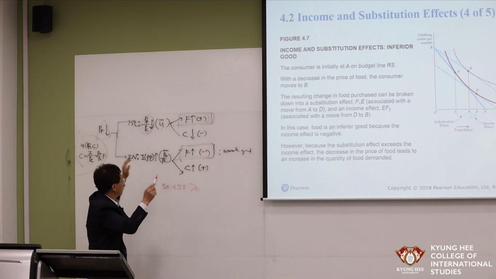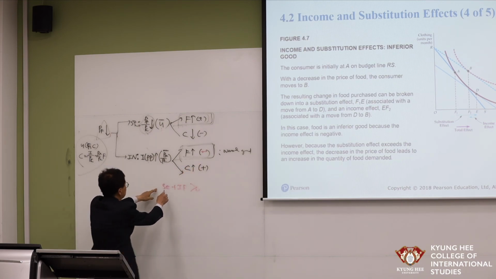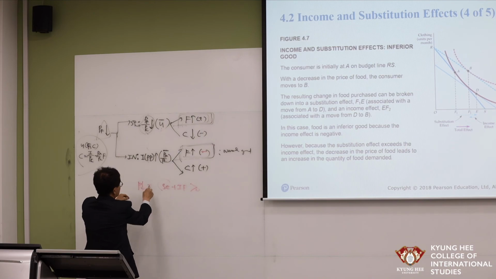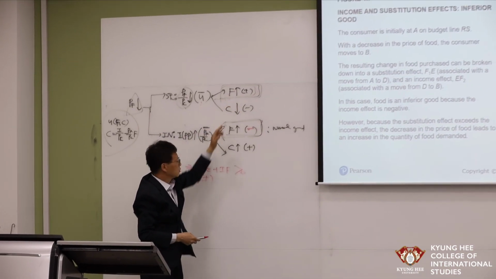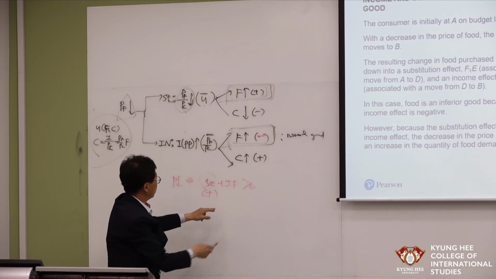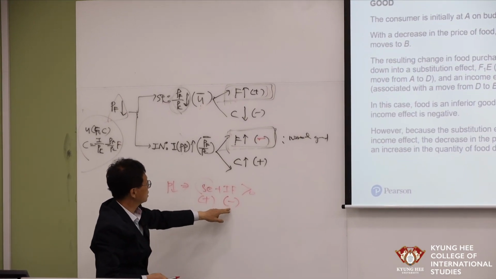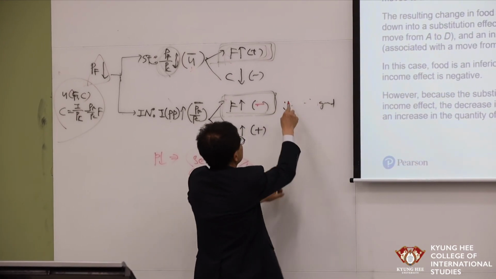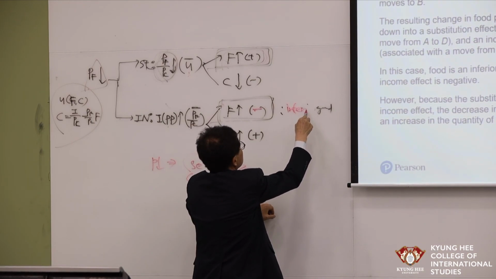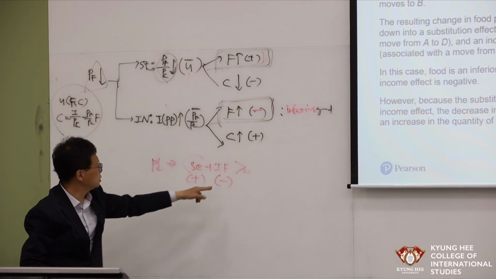Okay? Then what happens in the total effect? When the price decreases, the substitution effect increases, right? But the income effect is now negative, a decrease, because food is an inferior good. That is negative.